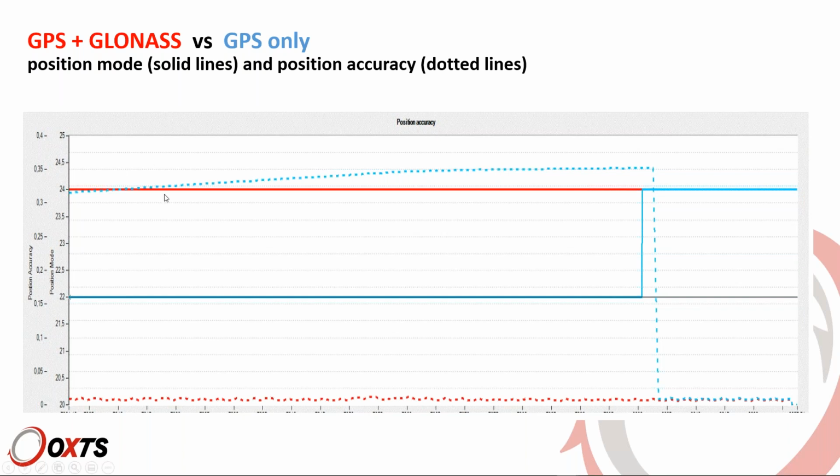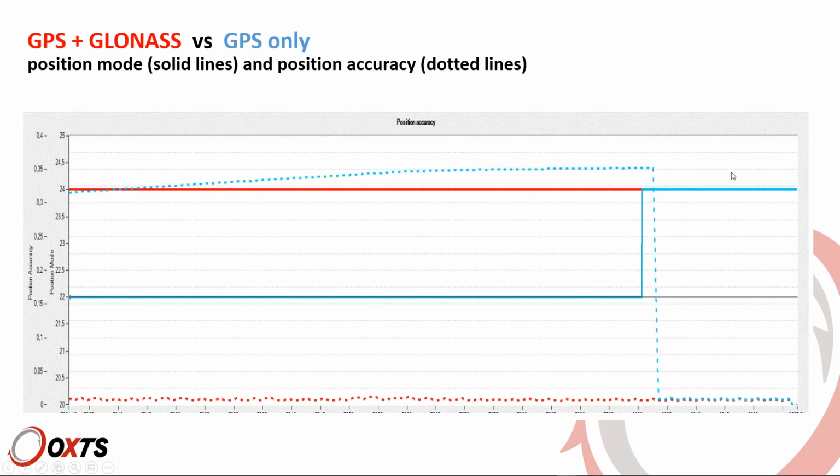We can see that for most of this example, the position mode of GPS and GLONASS was at 24. This is RTK level, GX RTK, so the best effectively. While the blue one, GPS only, was just at GX diff, and that corresponds to very different position accuracies. You can see that in GX RTK, position accuracy is around 1.5 centimeter, whilst the GPS only, because it has very few satellites, cannot hold on to the GX RTK solution, so it goes to above 30 centimeter position accuracy.